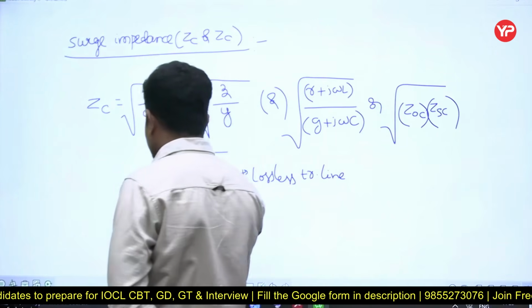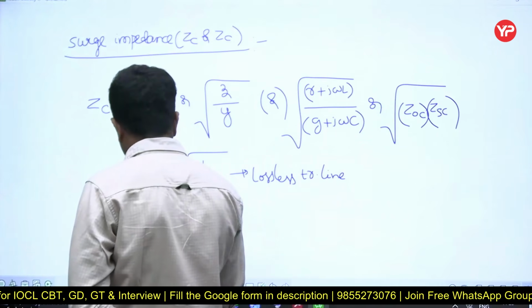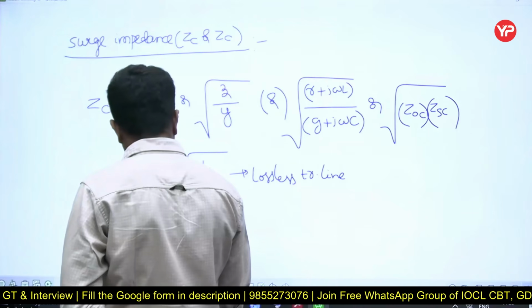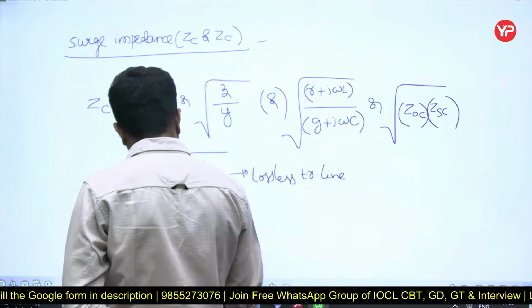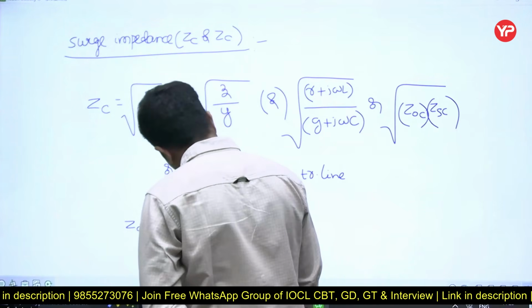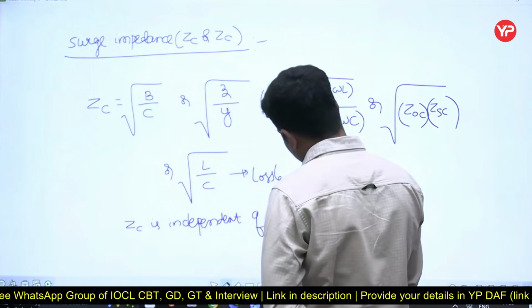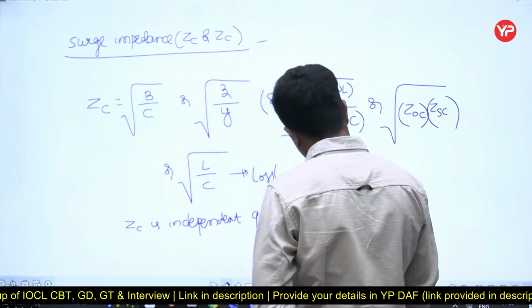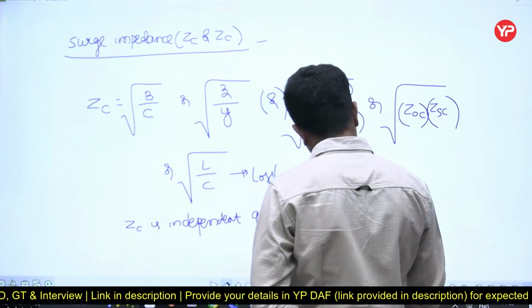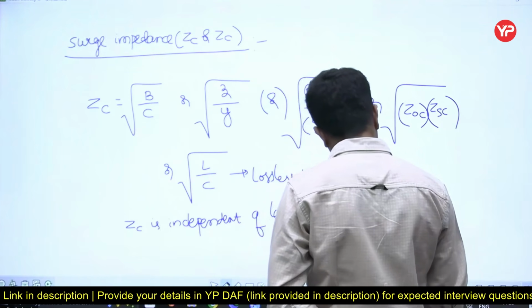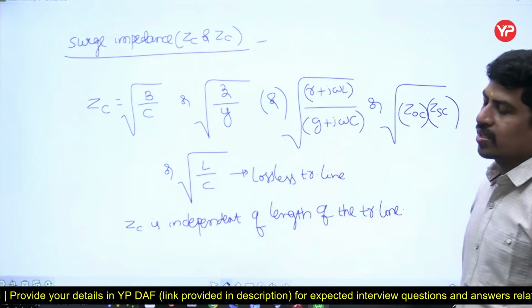One important point is ZC is independent of the length of the transmission line.